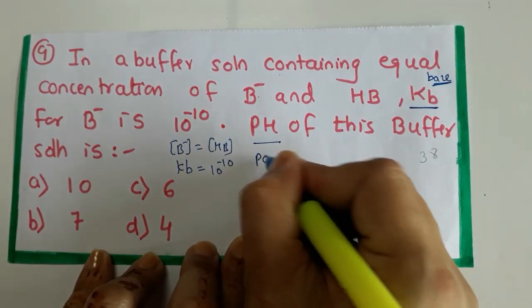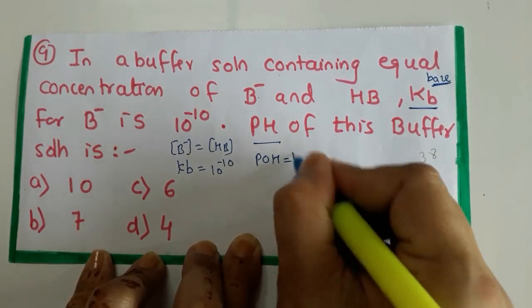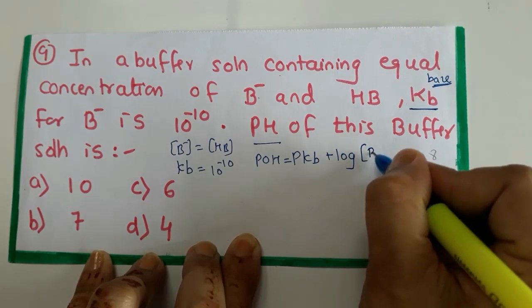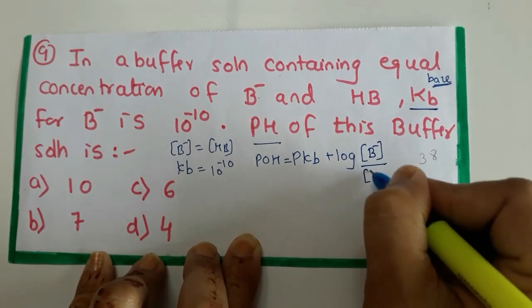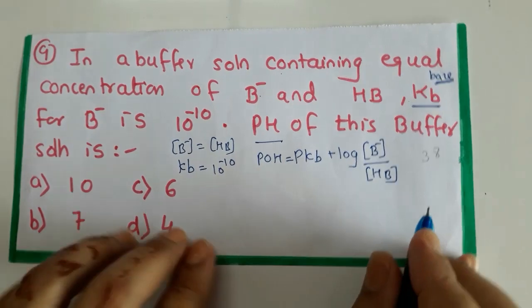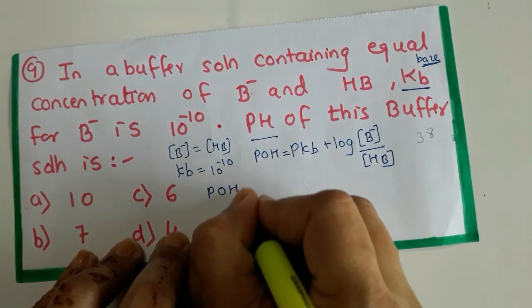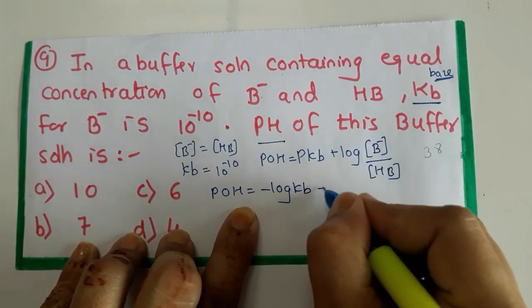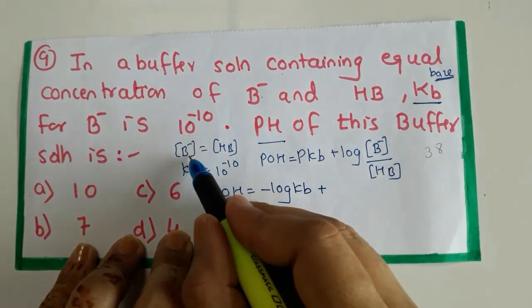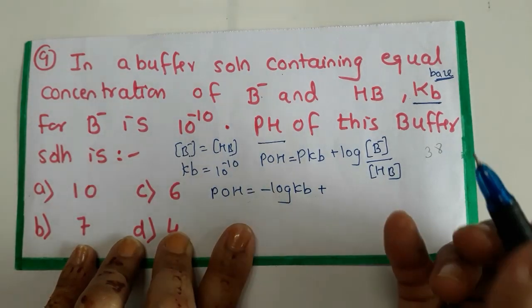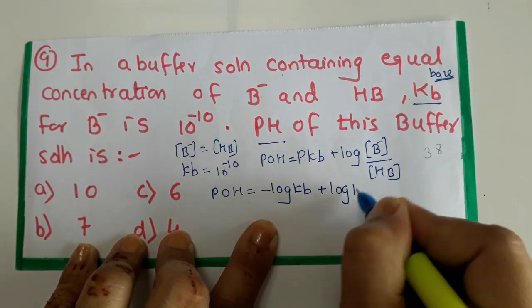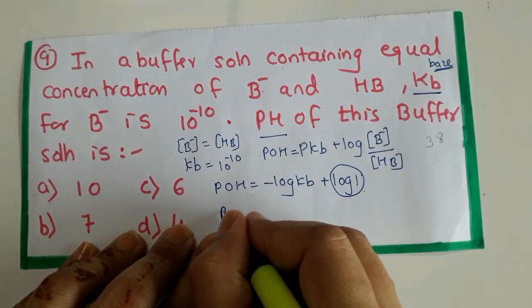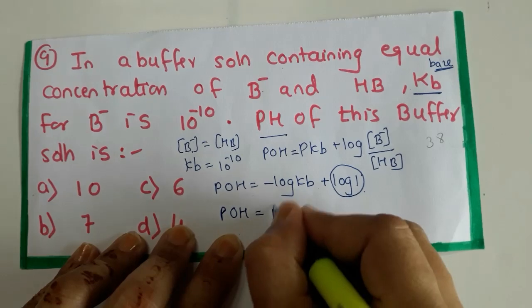So we write this formula: pOH is equal to pKb plus log of concentration of salt, that is the anion, upon concentration of HB. pOH is equal to minus log Kb plus log 1, since the concentrations are the same, and log 1 is 0. So pOH is exactly equal to pKb.